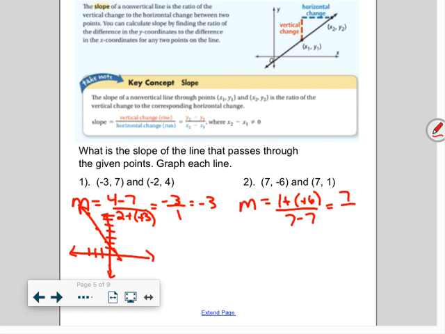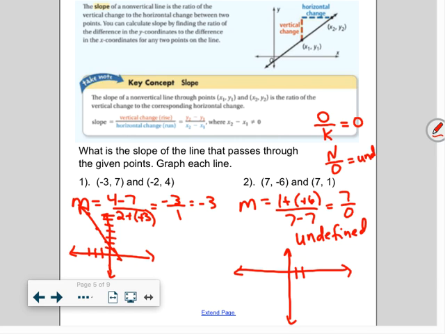So that becomes 7 over 0. Let's write this down one more time. Do you remember? 0 on the top is okay. 0 on the bottom, no way. So this one is undefined. And let's look at a sketch here.